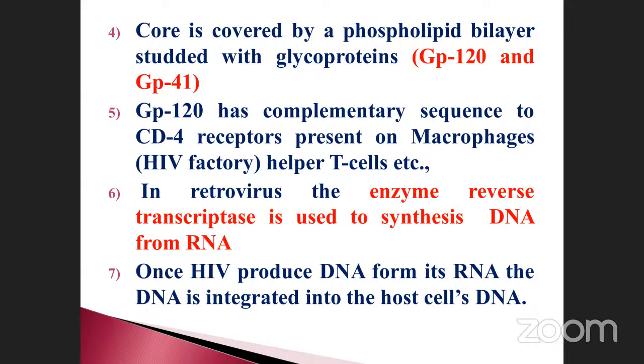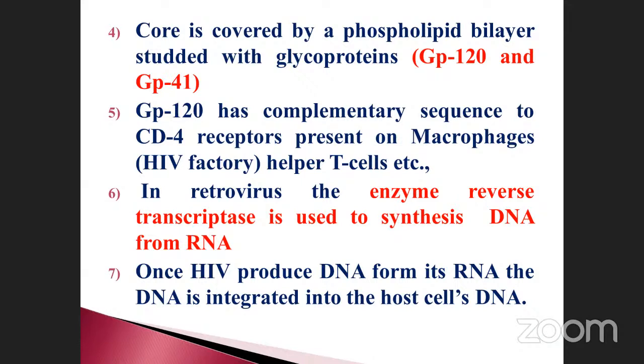See here. The glycoprotein 120 has a sequence complementary to CD4. What is the meaning of the CD4 receptor? It is already present on the T cell. A receptor is also a protein molecule, which receives the protein molecules, otherwise called antigens, secreted by the HIV.